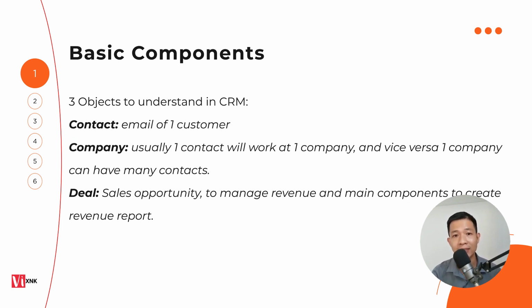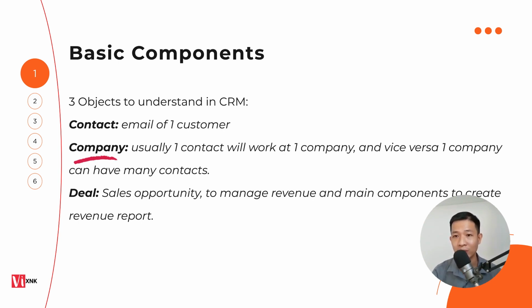The second is company. This refers to the name of a company. Typically, each contact will belong to a company. For instance, Tony works at, say, Company A, so he will be associated with Company A. Conversely, Company A can have multiple contacts linked to it.